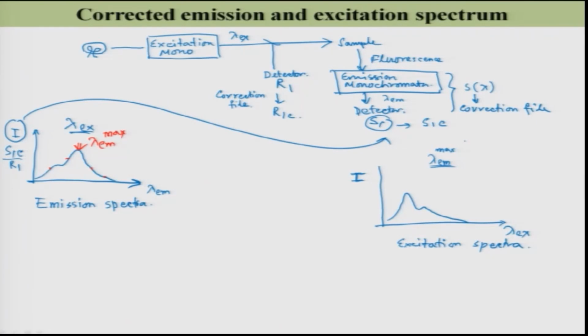So, only S1, but I must divide it by R1C, S1 by R1C, and that needs to be corrected, right. Okay. So, that is it for this measurement of the corrected emission and excitation spectrum.